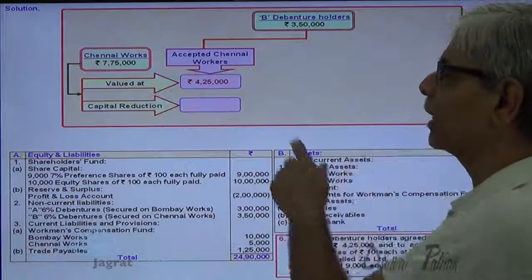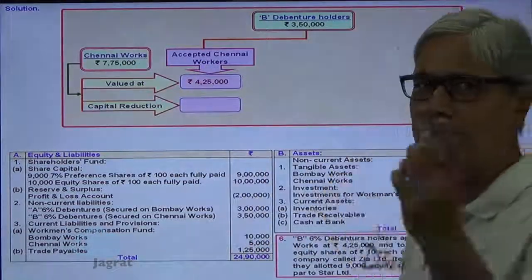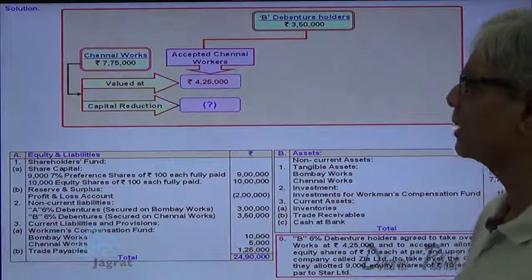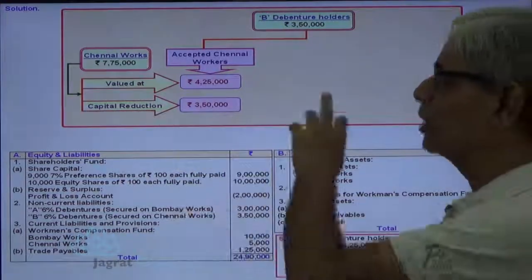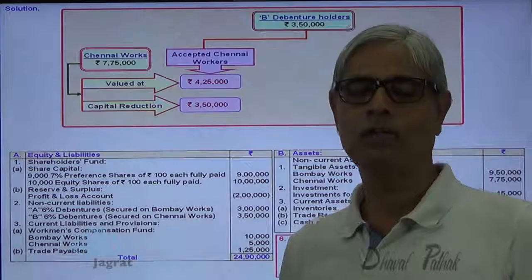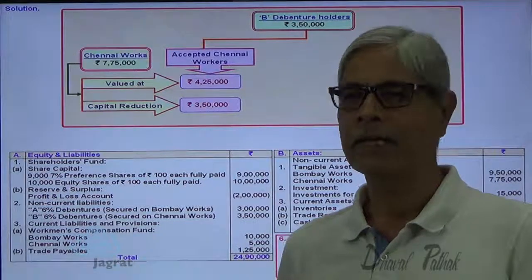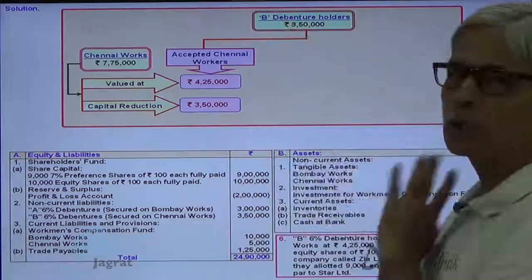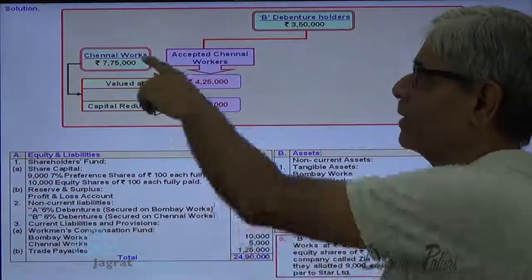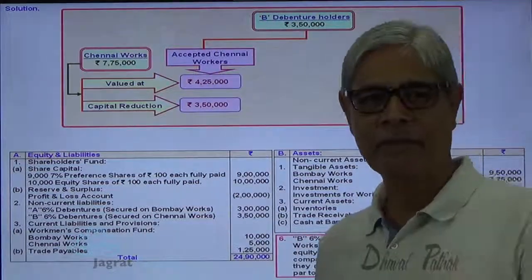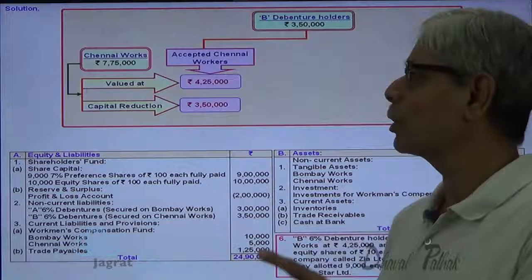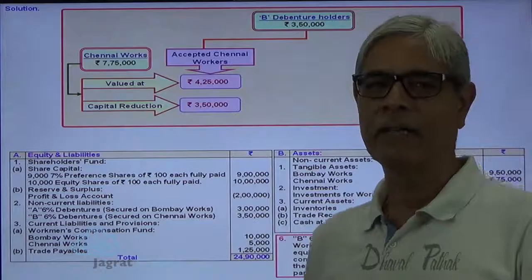So capital reduction account will be debited with 7,75,000 minus 4,25,000, so 3,50,000, the reduction in the value of factory will be debited to capital reduction account. So debenture holders 3,50,000, they are given Chennai Works, book value 7,75,000, at an agreed value of 4,25,000.